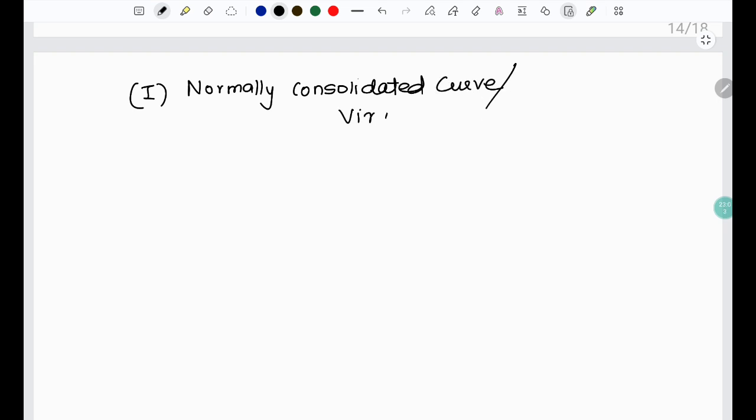This comes up in the consolidometer test only, where we have 4 stages of this curve. The first is the normally consolidated curve, also called the virgin compression curve.